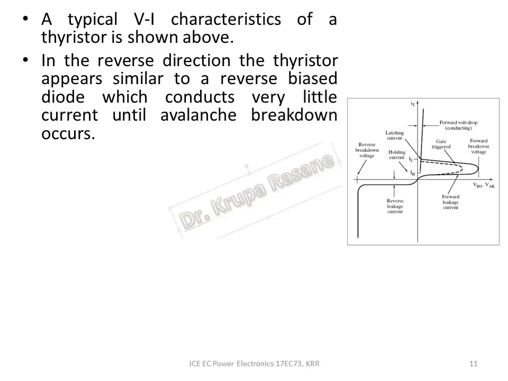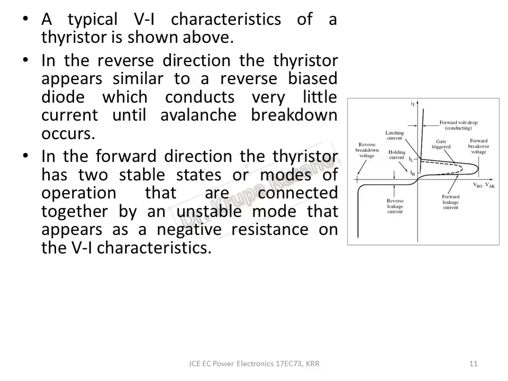So in the reverse direction, the SCR will be similar to the reverse bias diode, which conducts very little current until the avalanche breakdown occurs. So here I have shown again, I have already explained how it behaves like a reverse biased diode and does not carry any current.